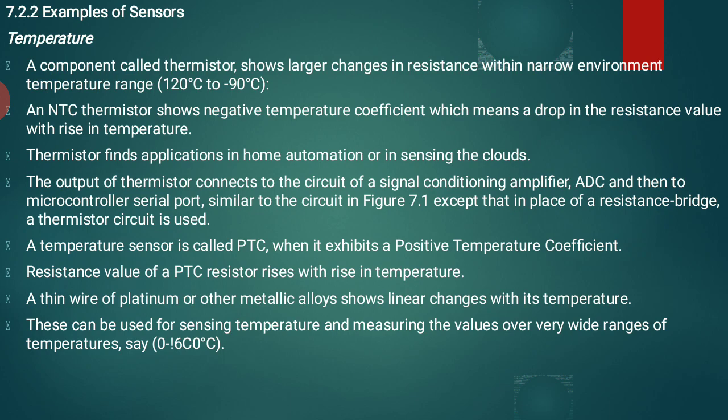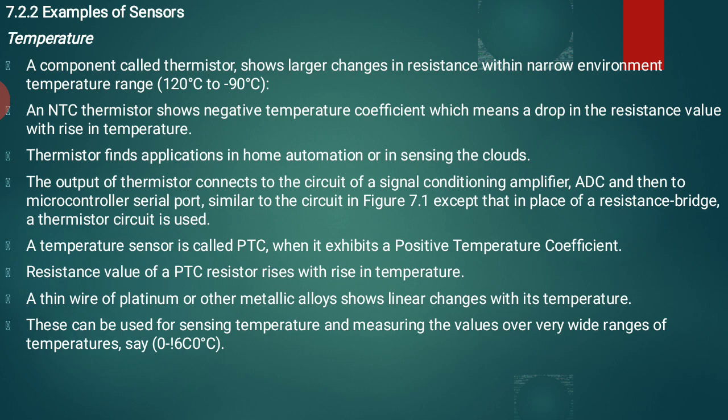A thin wire of platinum or other metallic alloys shows linear changes with its temperature. If the temperature is rising or decreasing, the variation in the temperature is shown by these components.